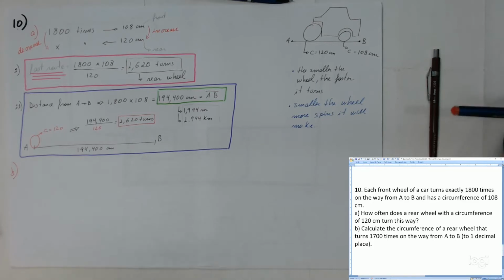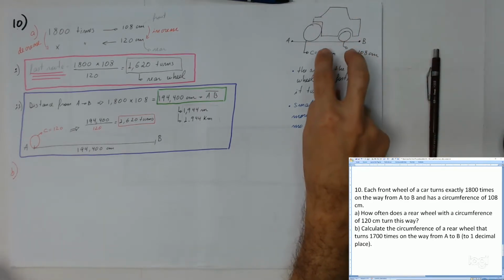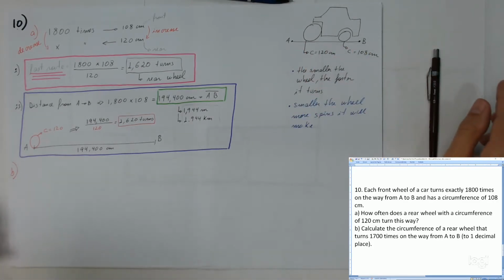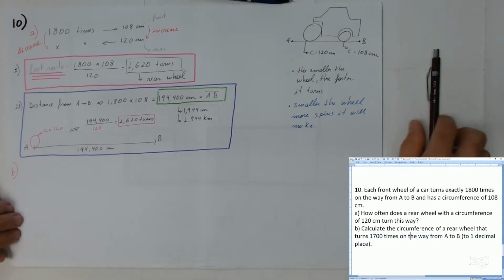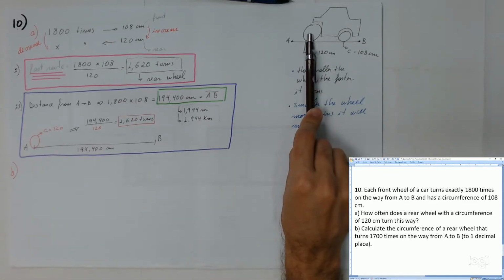Okay, B is not any of the wheels from this car, unless this car has a third wheel. Because the problem says: calculate the circumference of a rear wheel that turns 1,700 times. Okay, we know that. How can I tell that this is not this wheel, neither this one?